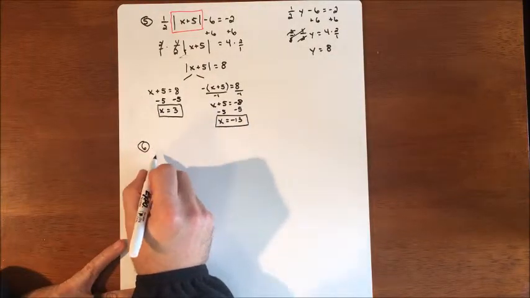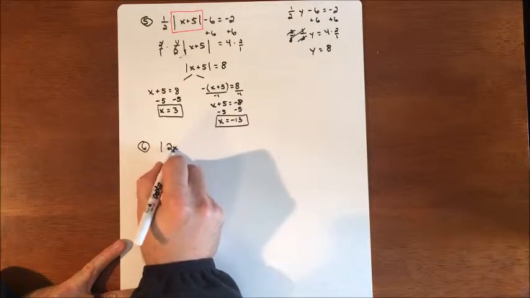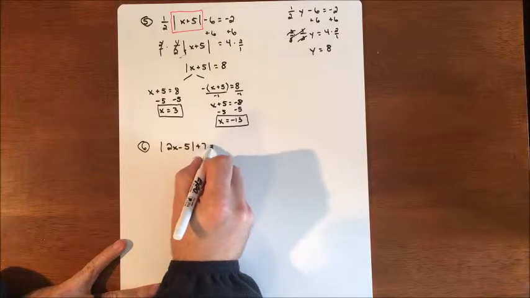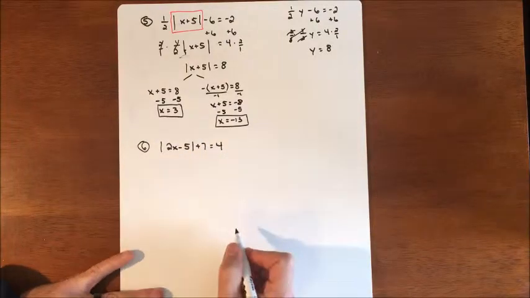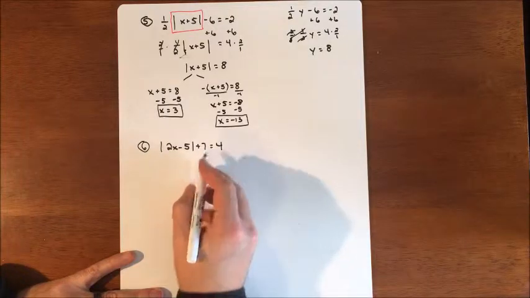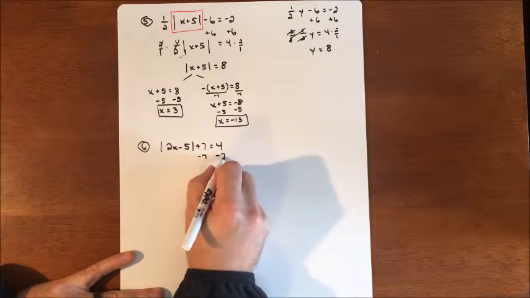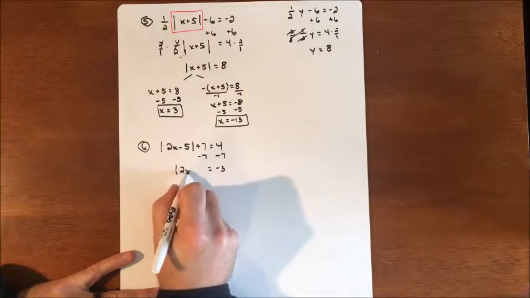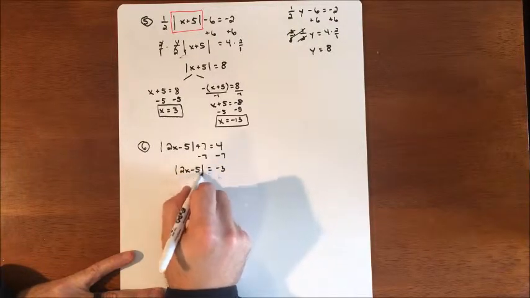One more. So the absolute value of 2x minus 5 plus 7 equals 4. Alright, so we need to isolate the absolute value. This time is a little bit less work. We just subtract the 7 over, and we have a negative 3. So the absolute value of 2x minus 5.